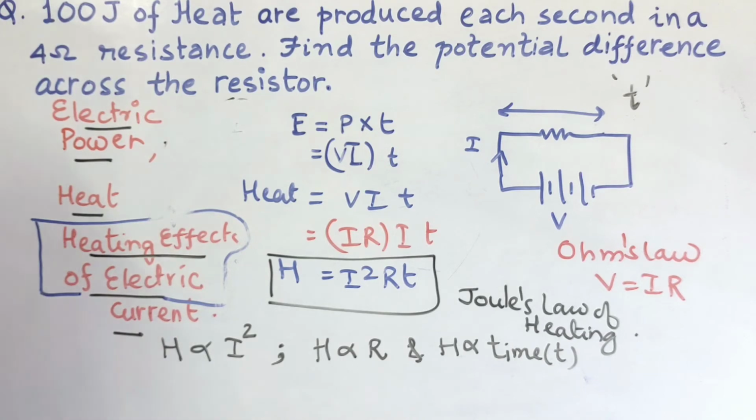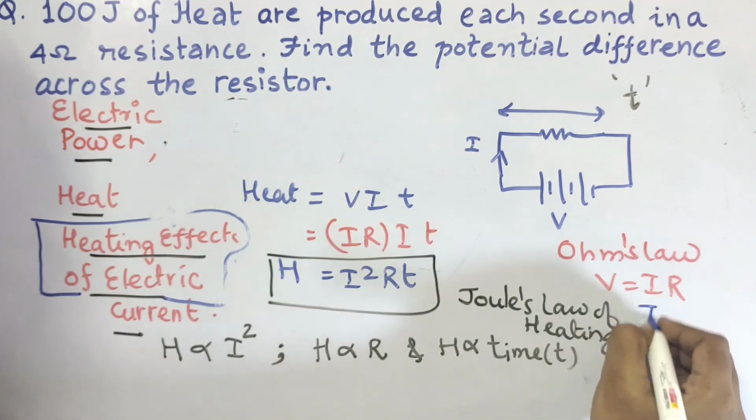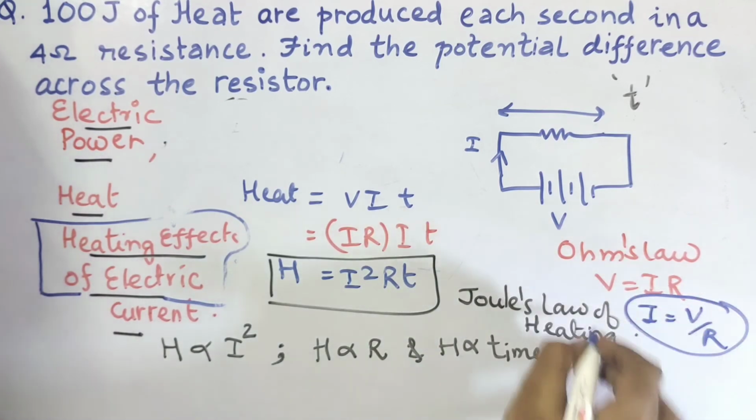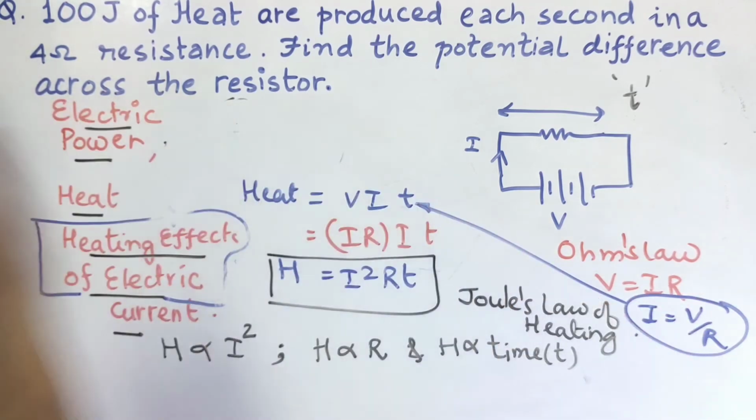If the voltage is kept constant, as I have shown here, then we can use I is equal to V by R from Ohm's law and put that in this formula.